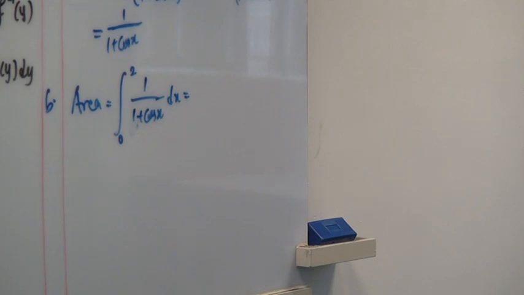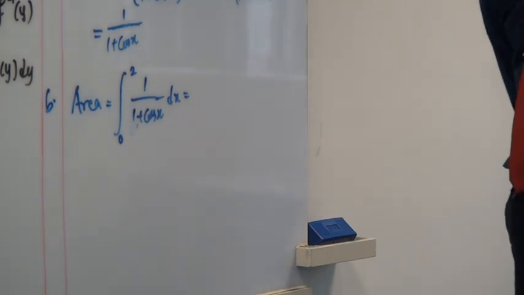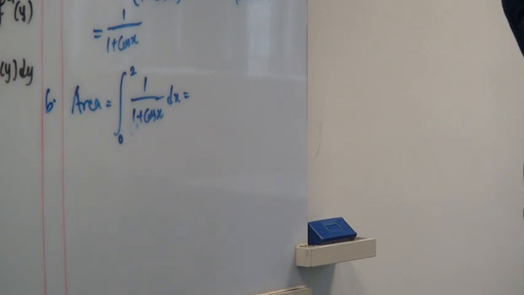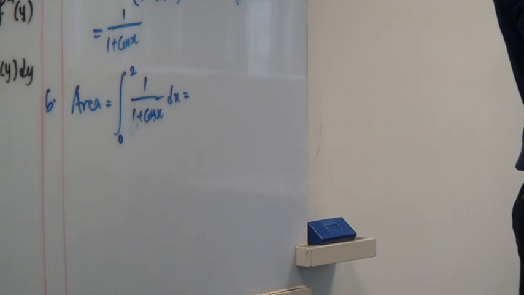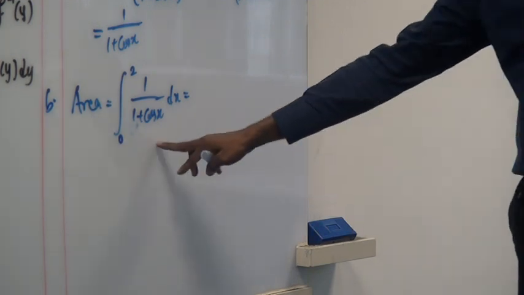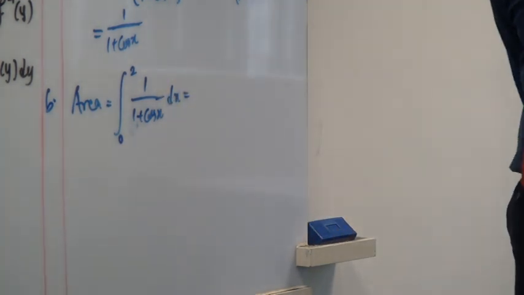Crystal again, any of the crystals, how do we integrate this? This is equal to what? Say that again. Ln 1 plus cos x. When do we use ln? When the numerator is the derivative. And the derivative of this is non-numerator.